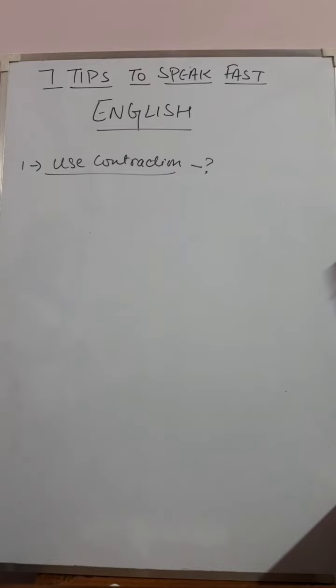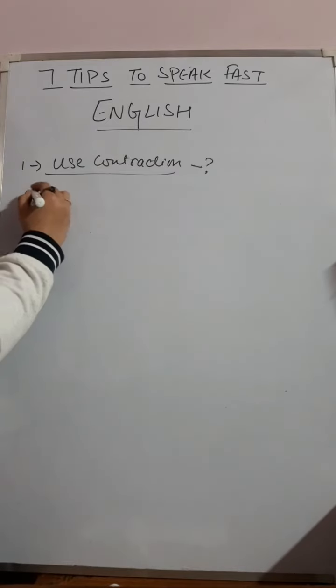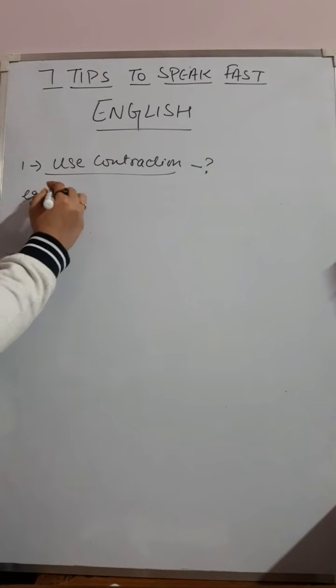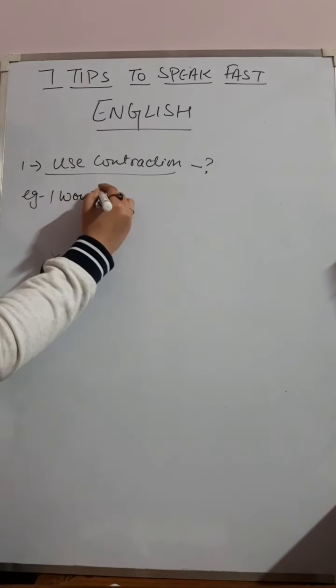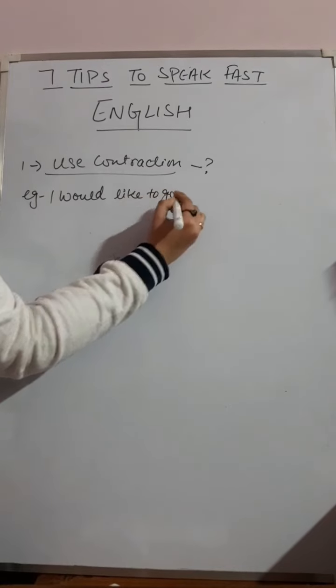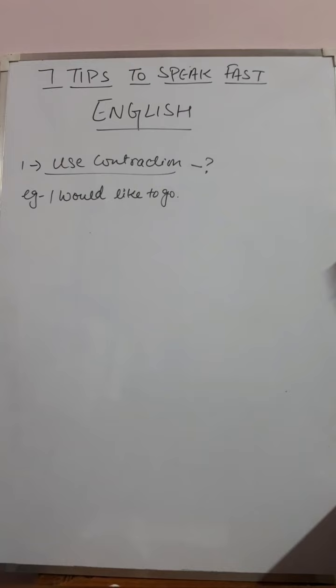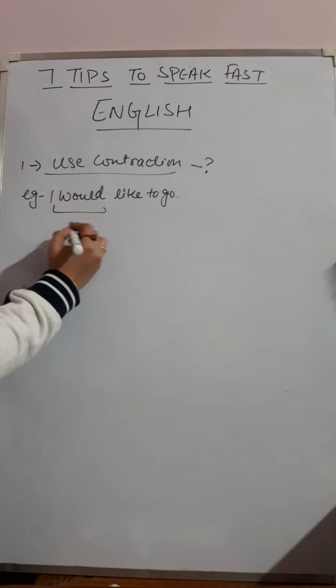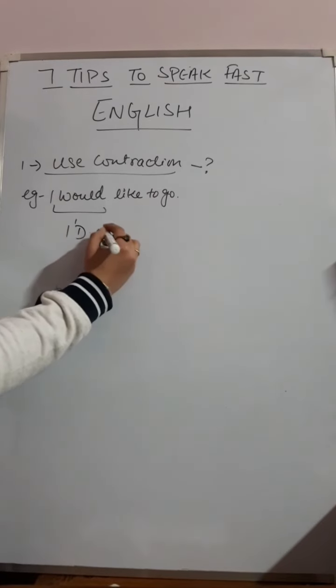For example, let's take an example and I say, I would like to go. Here in this sentence I have said I would like to go. Instead of saying I would, I can say I'd like to go.